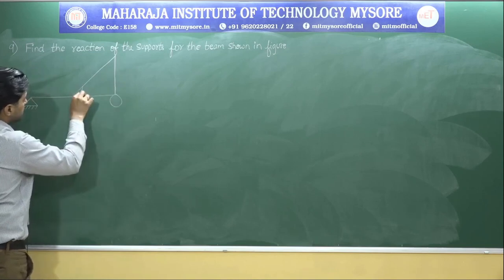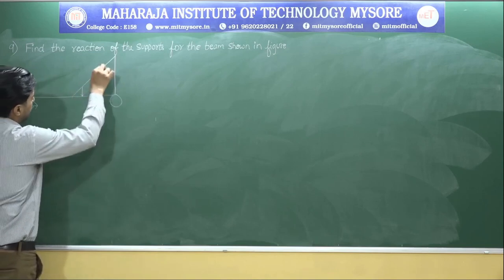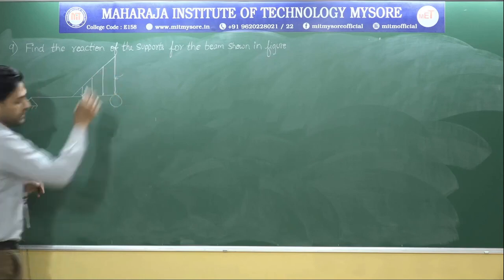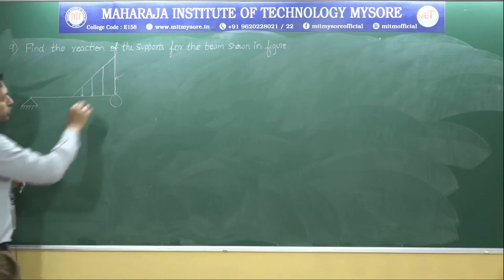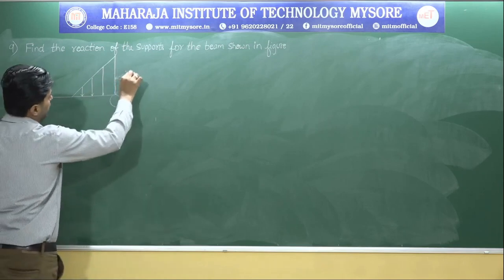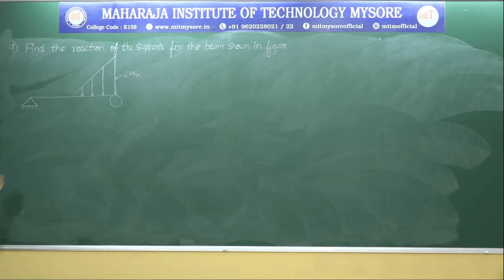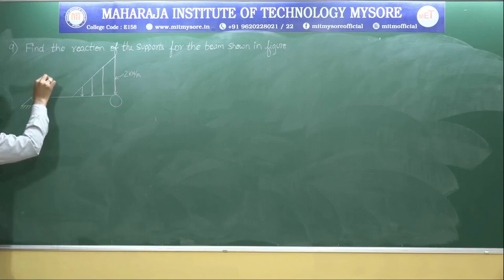Be careful. The value of UVL that they have given is 2 kilonewton per meter. Next, at 1 meter, they have given one more point load, that is 5 kilonewton.